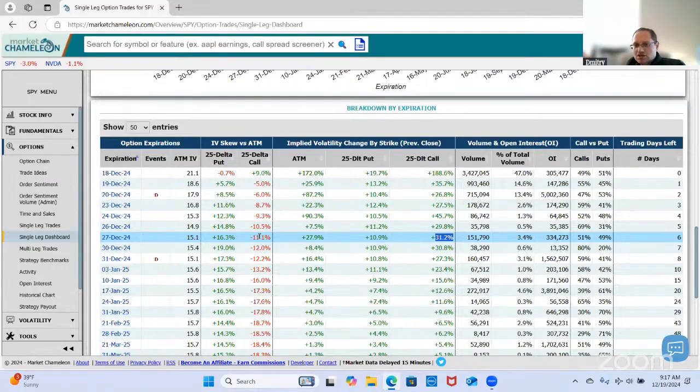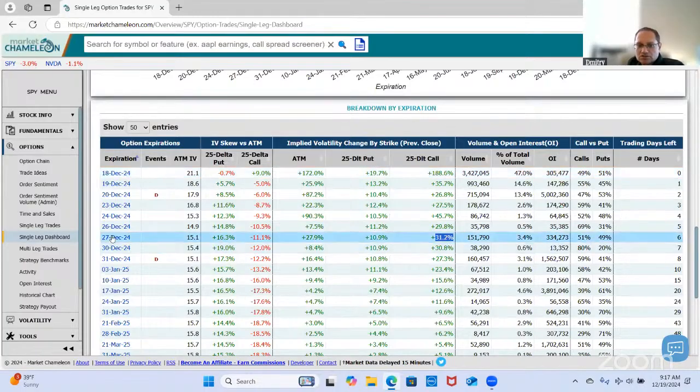So the whole line jumped. The at the money went up, the 25 delta puts went up, the 25 delta calls went up. So the whole line went up, but it looks like it went up a little bit higher towards the calls. So let's see how that looks.